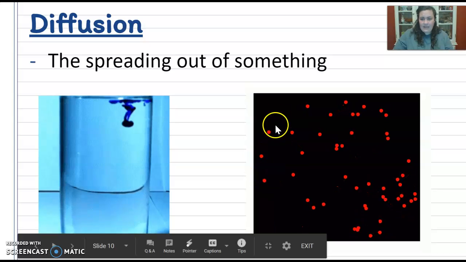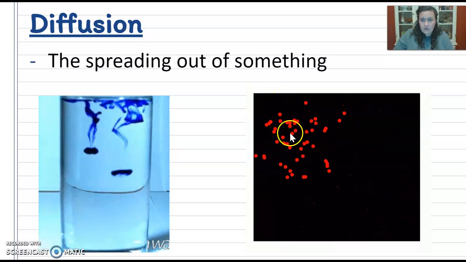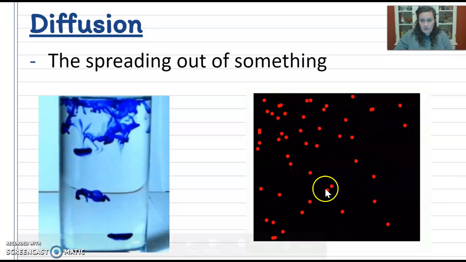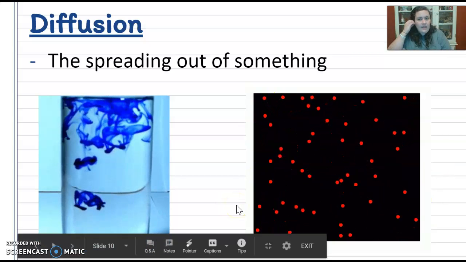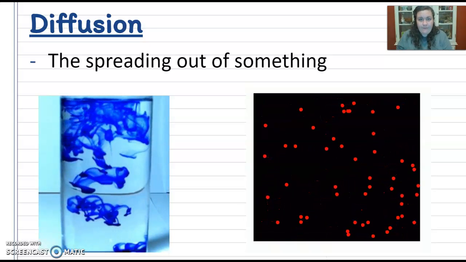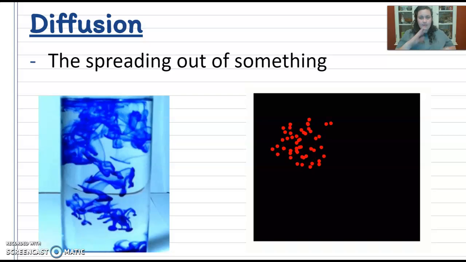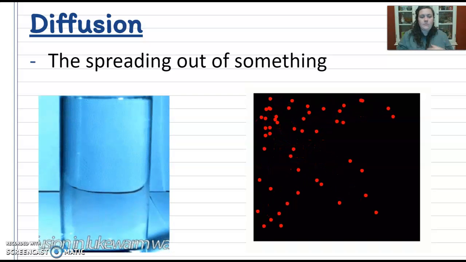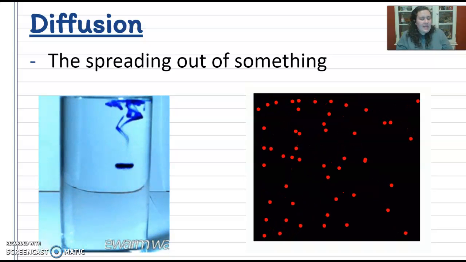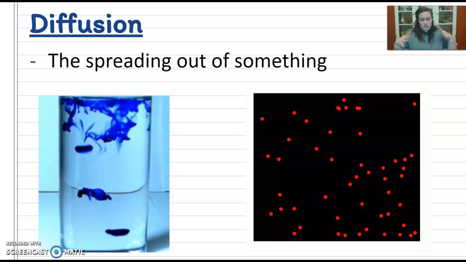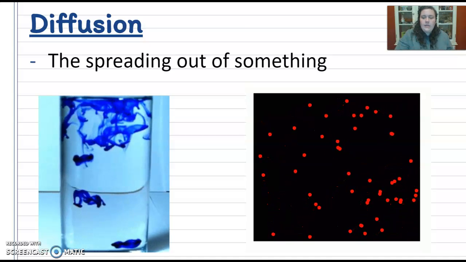So if you have a small pocket of gas right here, it will diffuse out into the whole space and it will spread out evenly. That's why if your buddy across the classroom farts, you'll smell it eventually, because those gas particles will diffuse out and fill the room. Okay, so we were playing around with the ideas of diffusion on Friday as we talked about things moving through a membrane.